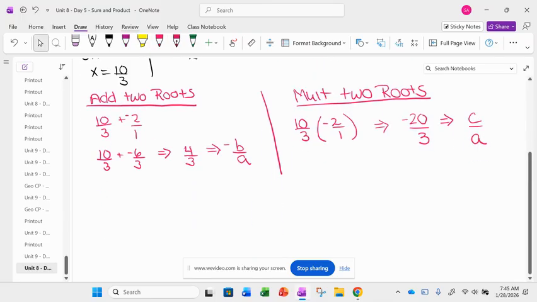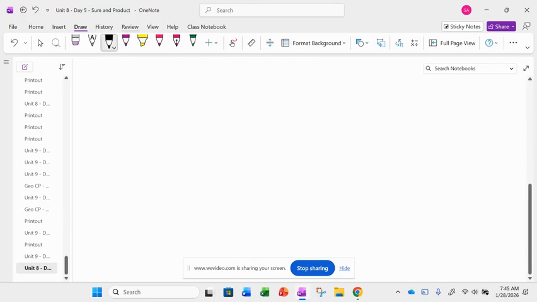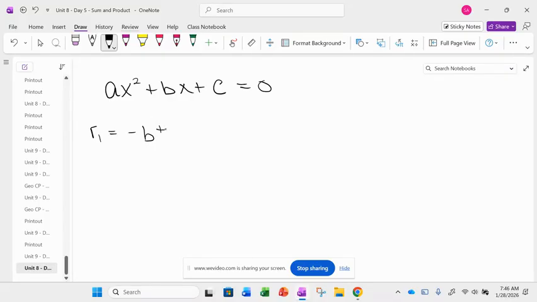Okay, let's show you. So let's say we have ax squared plus bx plus c equals 0. Do we all agree the first root will be, if we're using the quadratic formula, -b plus the square root of b squared minus 4ac all over 2a.